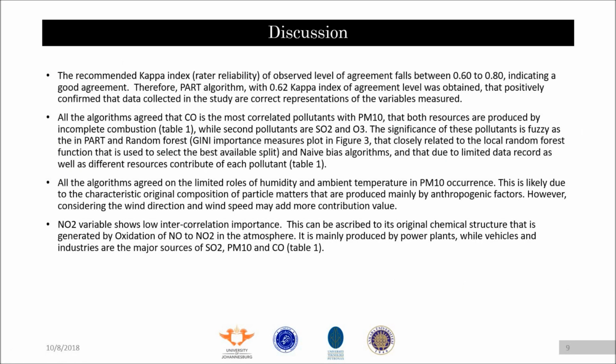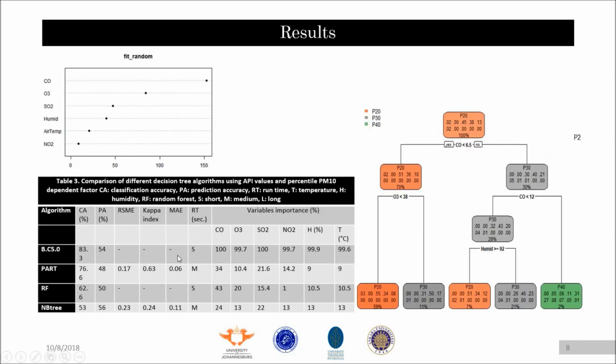So as we discussed here, the kappa index of the observed level of agreement falls within 0.6 to 0.8, which is a good agreement. That's why the PIRT algorithm with this range of agreement was obtained, because in the C5 we couldn't get the clear value of the kappa index, so we refer to the one that shows us the clear value as well as the classification.